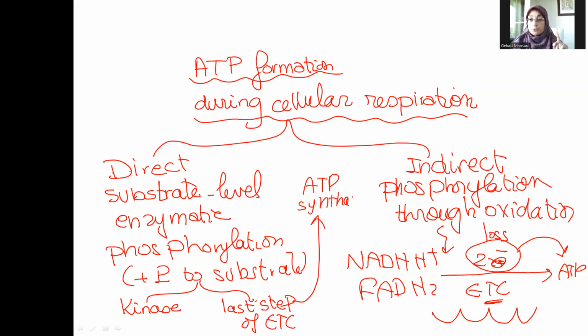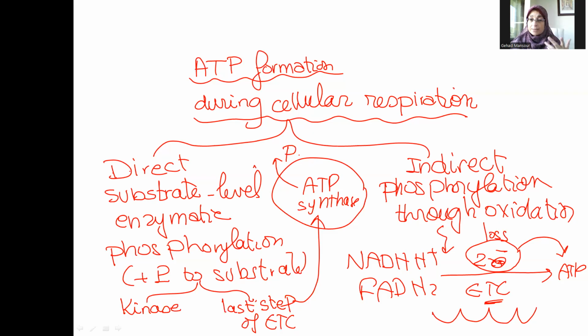So it's very important to understand that although ATP synthase is the last step of the whole process of oxidative phosphorylation, yet ATP synthase on its own does the reaction of direct substrate phosphorylation, because when the protons pass through the ATP synthase, it rotates, and that rotation helps in the process of direct phosphorylation.